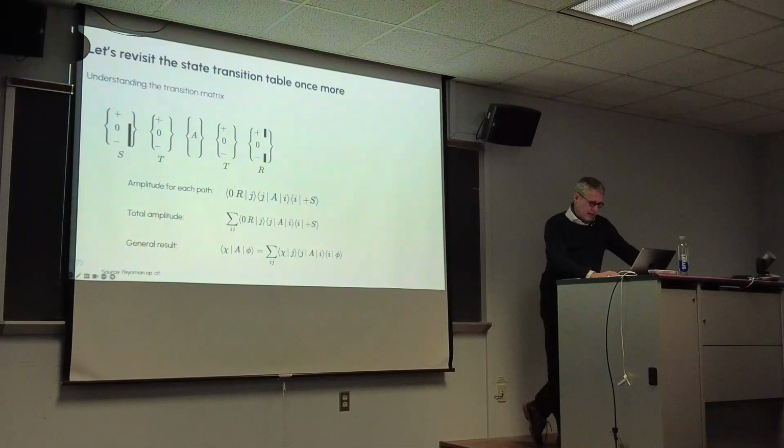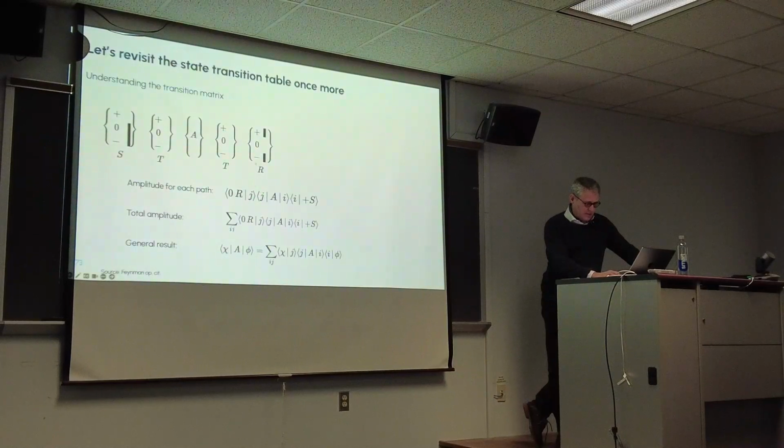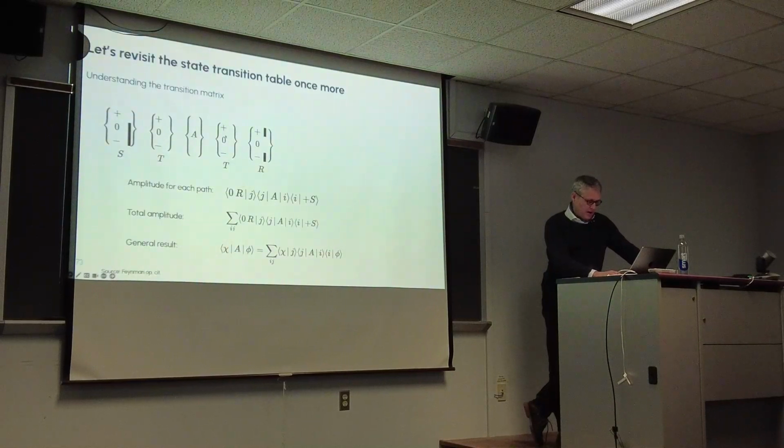Now the amplitude for each pass is, of course, from plus S to I, which can be plus T, 0 T or minus T. Then we have I again, to A. Then we have A to J, which can be plus T, 0 T or minus T, and then plus T to 0 R, 0 T to 0 R, or minus T to 0 R.